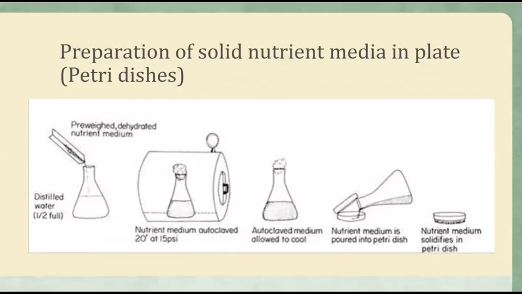So this is a very brief procedure. I think most of you will know how you will prepare a culture media. You have to take a culture media and add distilled water to it, and after that you have to dissolve it in a flask, and then keep that flask in an autoclave just to eradicate all the microorganisms that are present as contaminants.